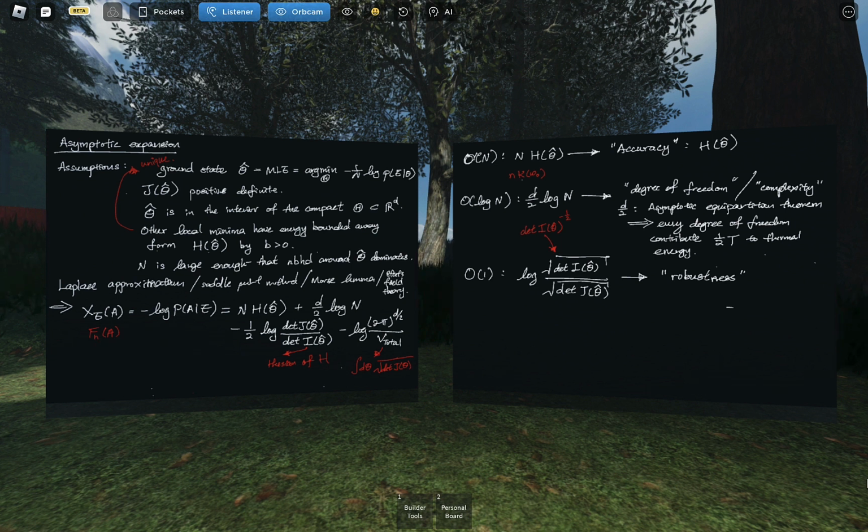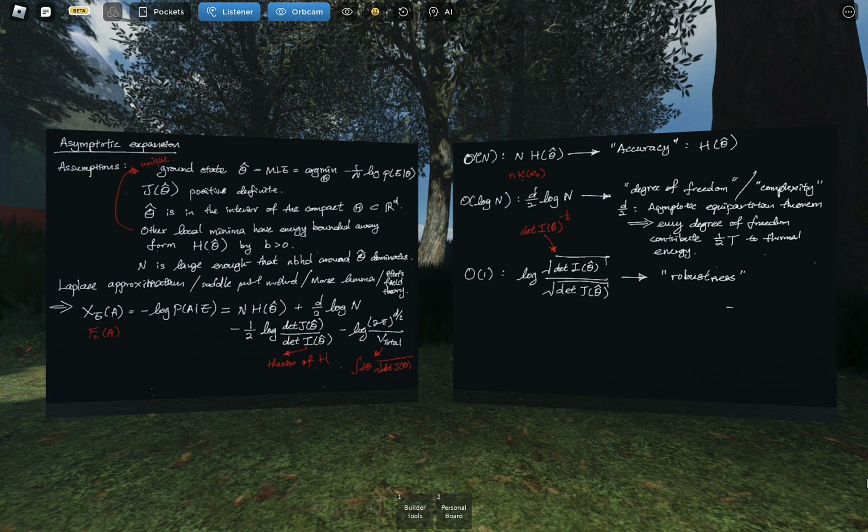So the determinant of the Hessian, well, if the Hessian is not degenerate, and we know that we are expanding the log likelihood near its unique global minimum, then the Hessian is positive definite and therefore has all positive eigenvalues, and those eigenvalues correspond to the size of the independent axes of an ellipsoid near theta hat.